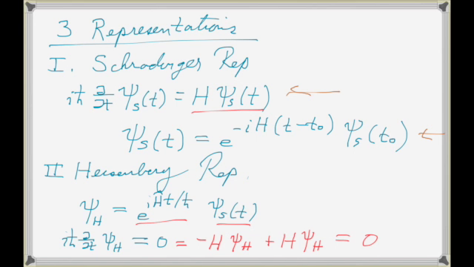This is what you start with, like first semester quantum mechanics. In the Heisenberg representation, the wave function transforms like this. So psi S would be your Schrodinger wave function, and psi H is your Heisenberg wave function. If you take the derivative, you'll see that you get this down here. So in the Heisenberg representation, the wave function has no time dependence.